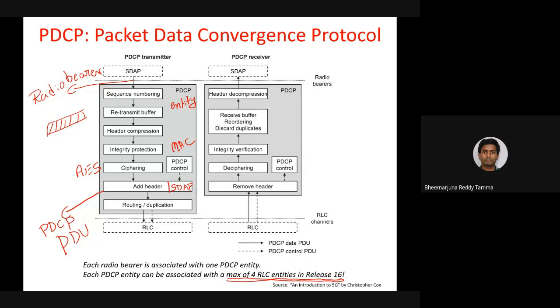I will come back and explain how you do the mapping of the PDCP entity to the RLC entities, and what benefit you get by mapping them to 4 different RLCs, when I discuss the RLC module later. But for the time being in the slide, assume that we have 1:1 mapping between the SDAP entity and the PDCP entity for one of the radio bearers coming from the SDAP layer.